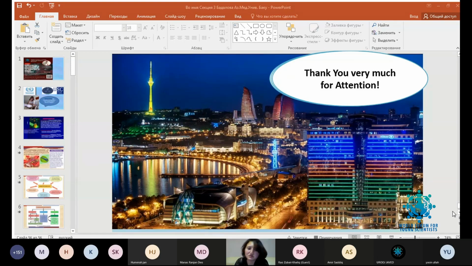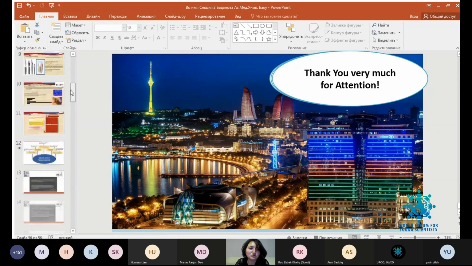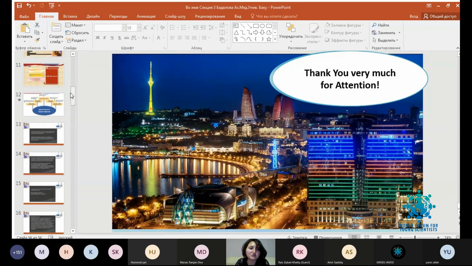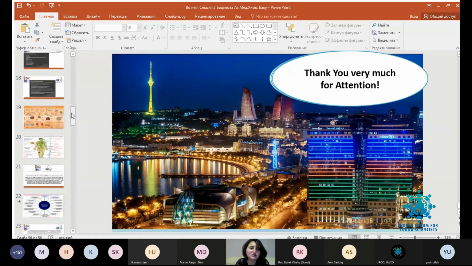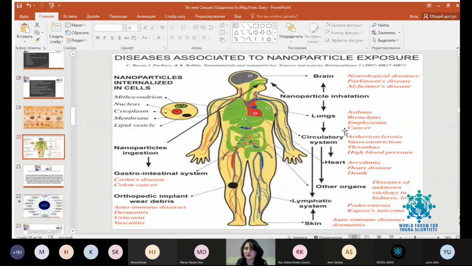As I showed you before in the presentation, the diseases we can get from the brain are neurological diseases, Parkinson disease and Alzheimer disease. They are from nanoparticles, but usually titanium dioxide nanoparticles influence the central nervous system.